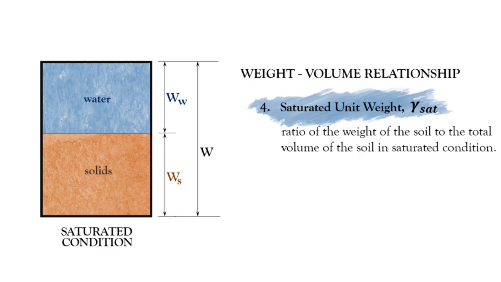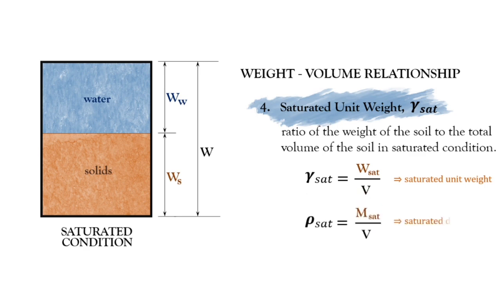So, parehas pa rin siya ng definition sa bulk density, but this time, meron siyang nakalagay na condition in saturated condition. So, by definition or expression, gamma sat is equals to the saturated weight, which is the total weight din naman, all over the total volume of the soil, or pwede ka ulit gumamit in terms of mass, that is the saturated density. So, yan yung pang-apat.